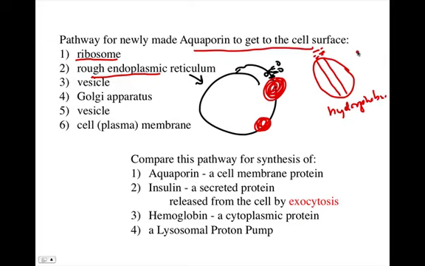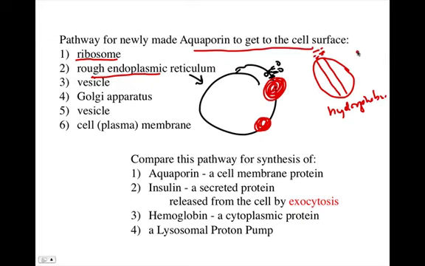And so to get this to the cell surface, the rough ER makes a little bubble like that. Some aquaporin are in the membrane of that bubble, and the bubble pinches off and captures some aquaporin. This is called a vesicle. The aquaporin gets delivered to its next stop, an organelle called the Golgi apparatus.